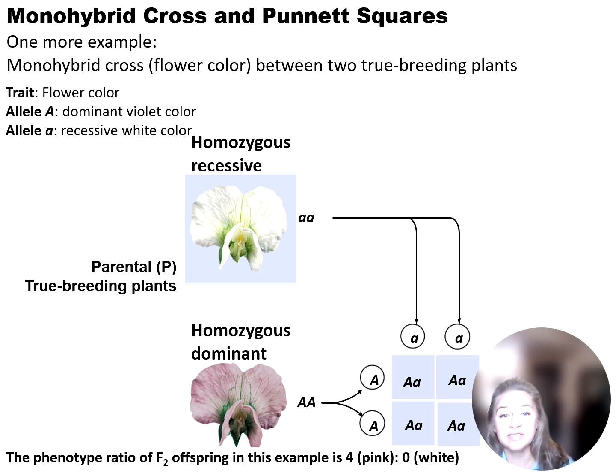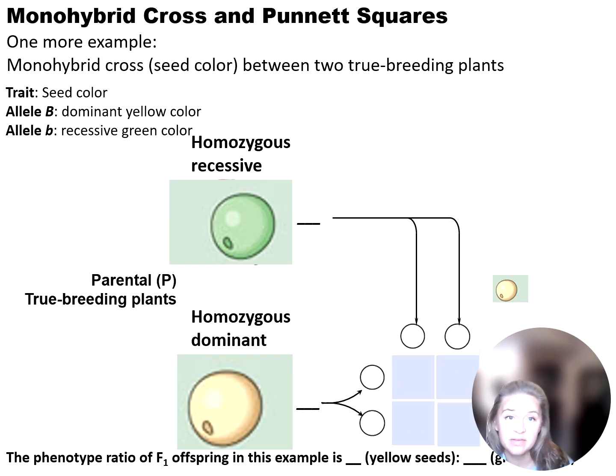So if you cross a homozygous recessive, which is white, with a homozygous dominant, which is purple, you would end up with 4 purple flowers, and they all would be heterozygous, but expressing the dominant trait.